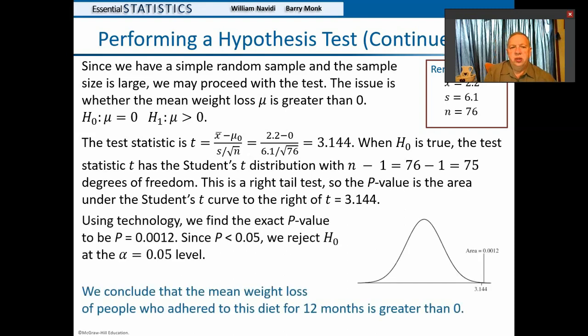If I entered everything here, it would give us this p-value of 0.0012 for a single tail. That would be the p-value, and again, we could reject based on the 0.05. So with the table, we had the two values and had to multiply by 2 if it was a two-tail. In this case it wasn't, it was a single tail.